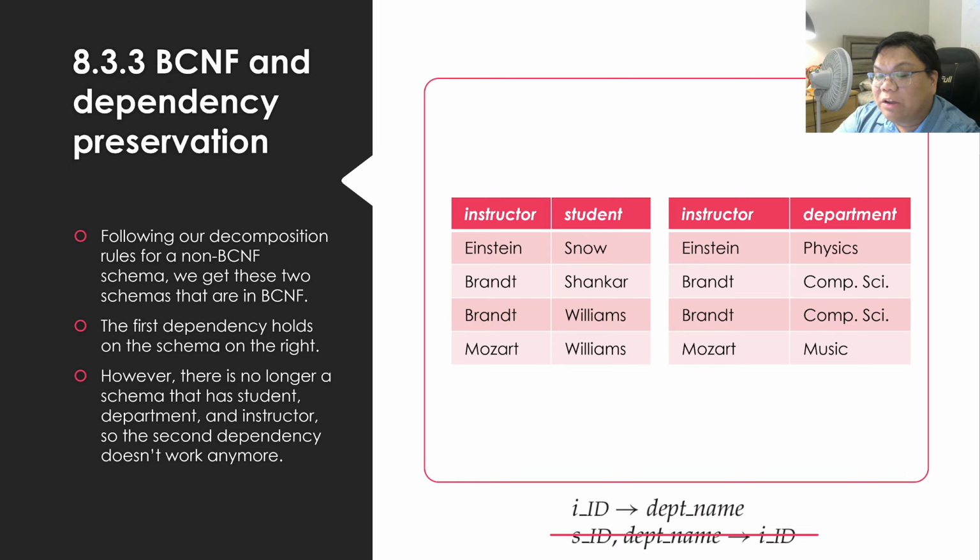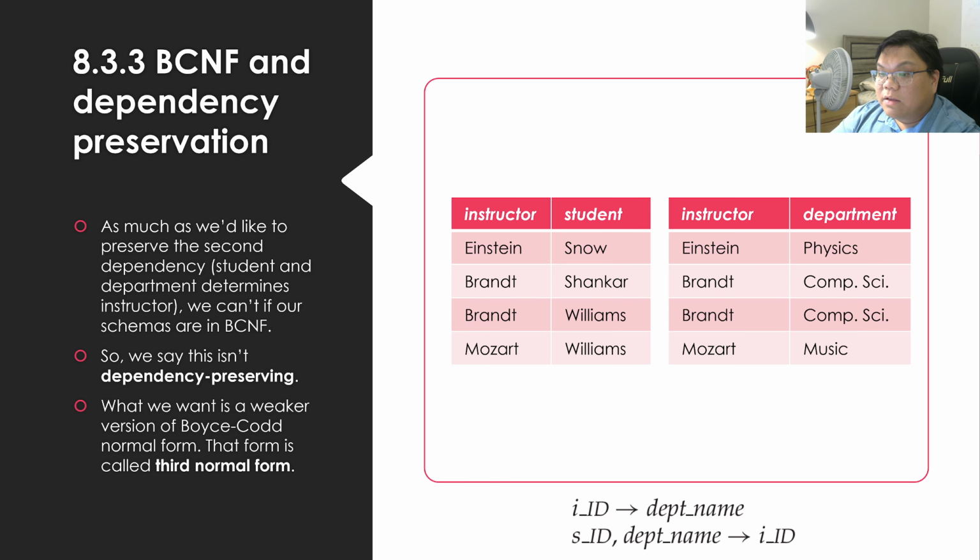This functional dependency no longer works because there is no schema that has the 3 attributes student ID, department name, and instructor ID. So, as much as we would like to preserve the second functional dependency, student and department determines instructor, we cannot if our schemas are in BCNF.